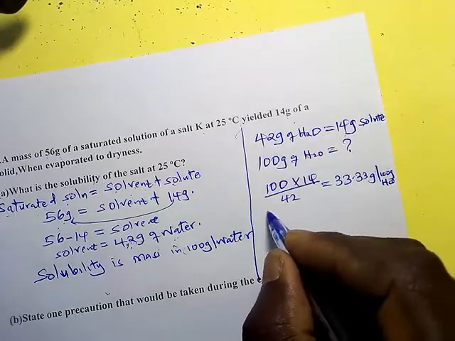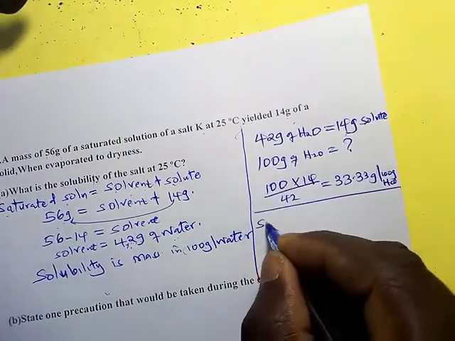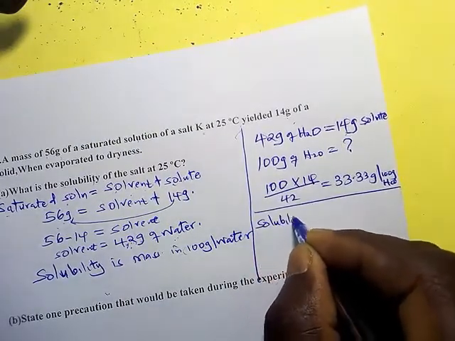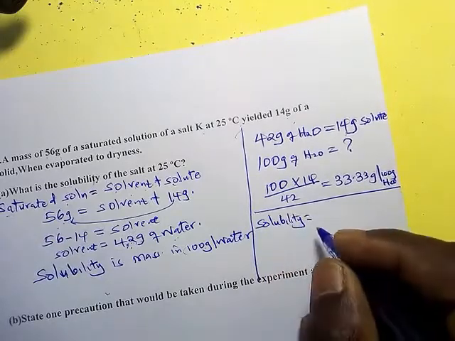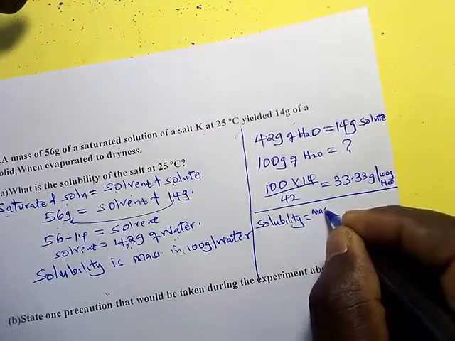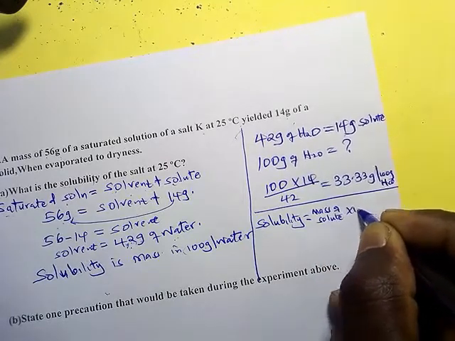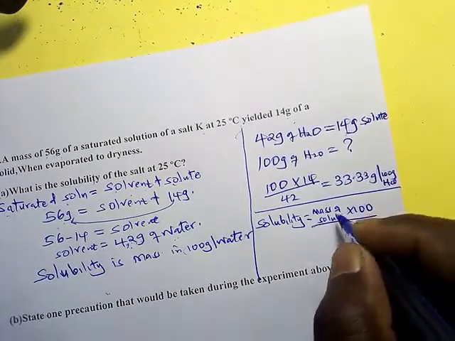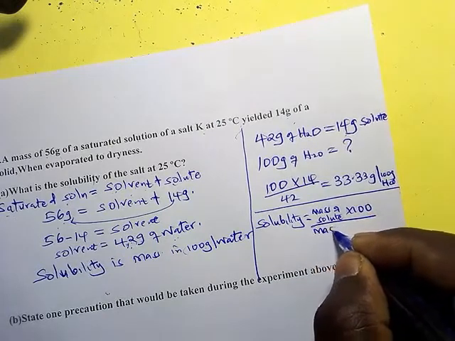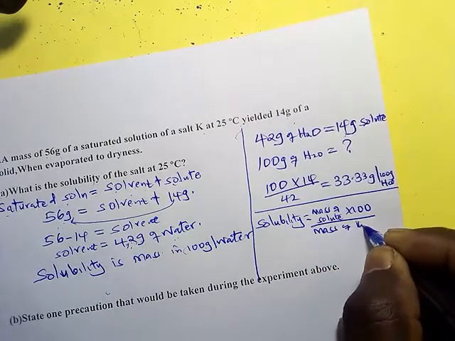There is a formula you can also use. Solubility is equal to the mass of the solute times 100 divided by the mass of the solvent.